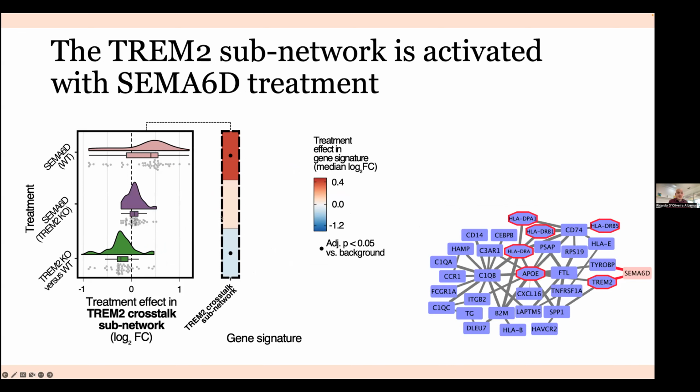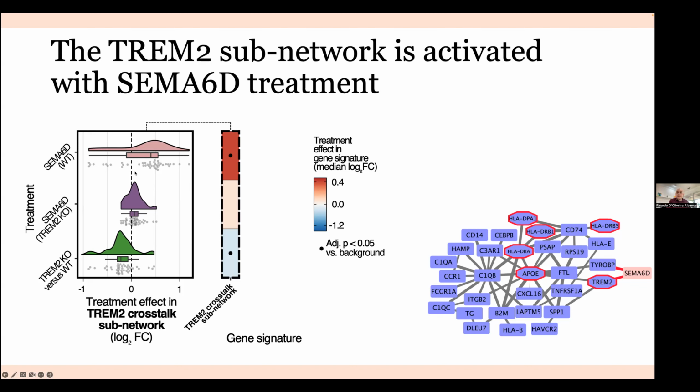So we can go back to our TREM2 network and look at how it behaves in this RNA-seq data. Each row is one of the comparisons: SEMA6D treated versus control in the wild type and in the knockout, and then just comparing the TREM2 knockout versus wild type non-treated. And each point in this data is one of the genes for the TREM2 network.